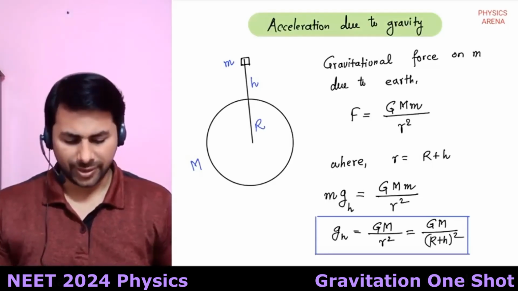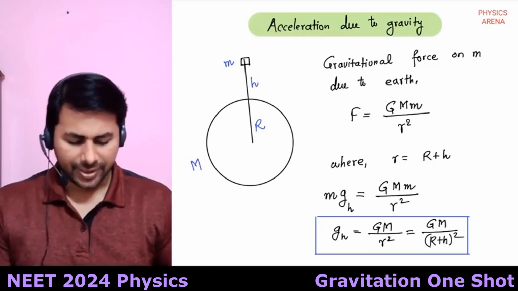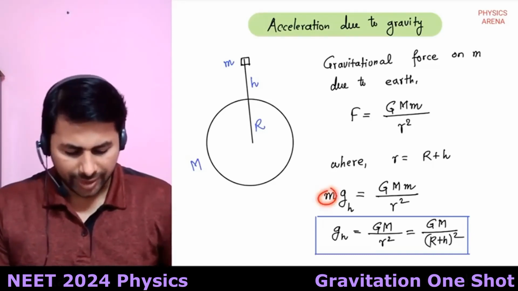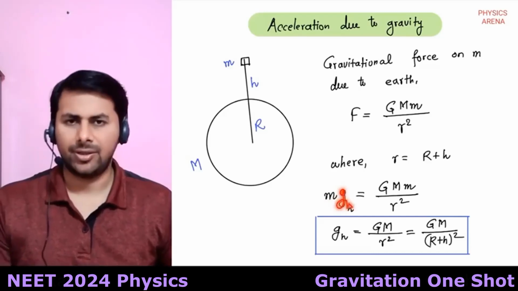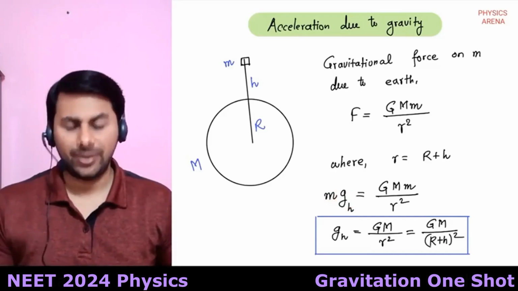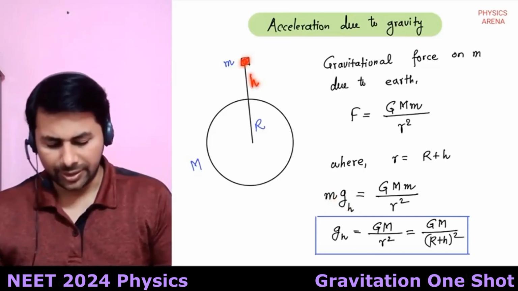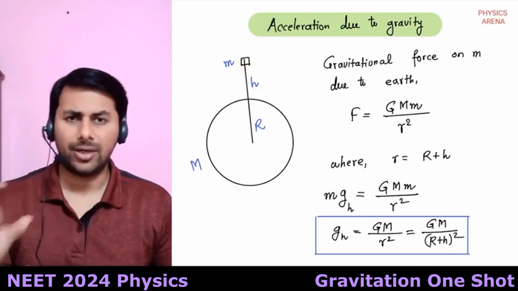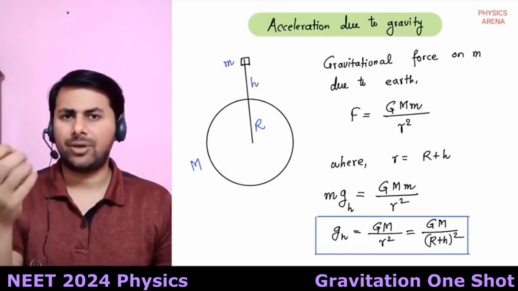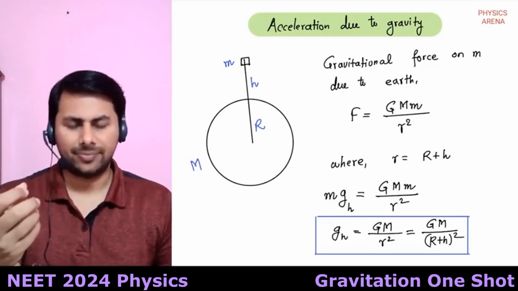Okay, so weight can be written as what? The mass of this body multiplied by acceleration due to gravity, at this point, at height h above the earth's surface. That is the weight of that object at that height.